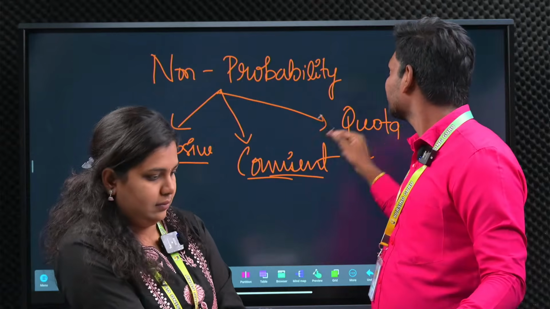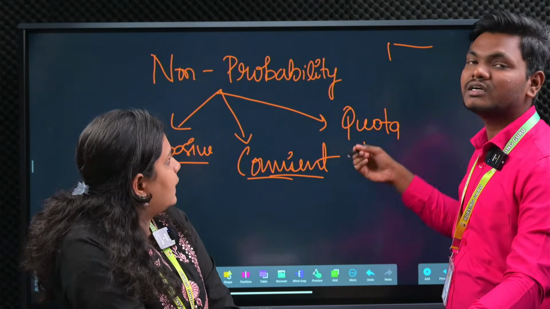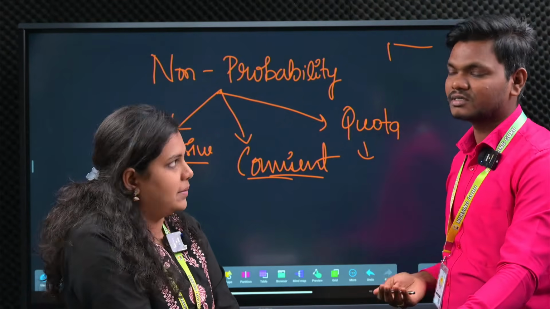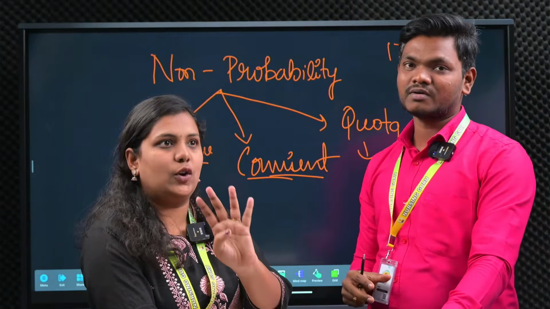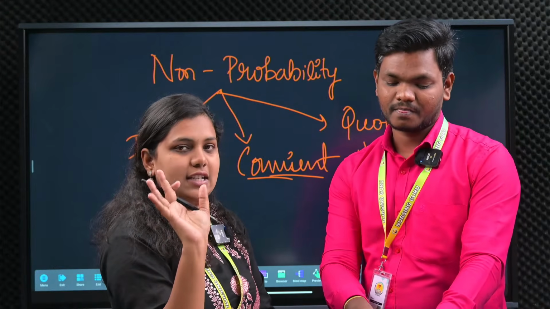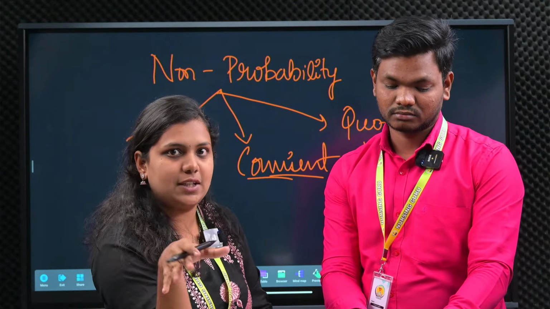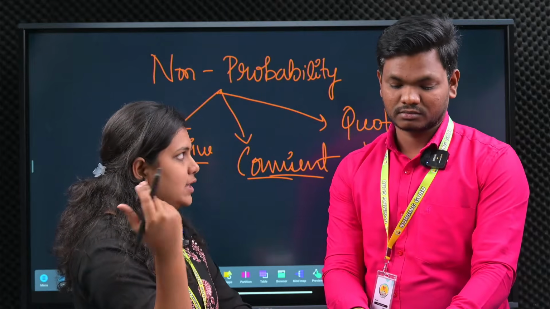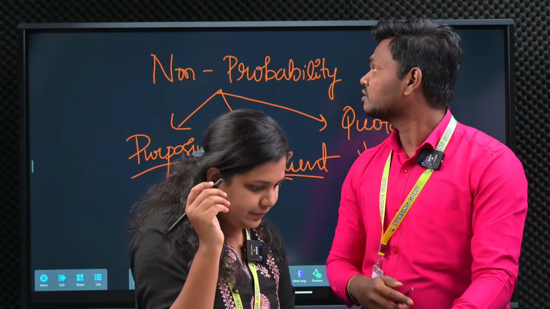As I told, if there are 4 states and we want 4 members from each state, that is known as quota. Only 4 members means only 4 members. If the researcher wants 60 samples, they will select just 60 samples. So, understood?